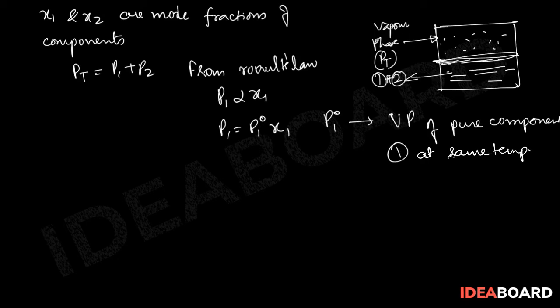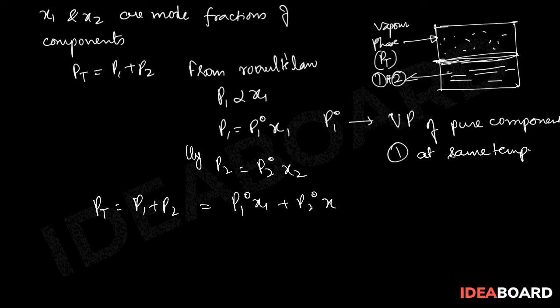That is the vapor pressure of the pure component. Similarly, P2 is equal to P2 naught into x2. Now we can easily find that P total is equal to P1 plus P2, and hence P total will also be equal to P1 naught x1 plus P2 naught x2.